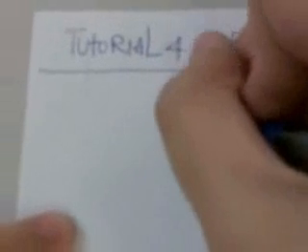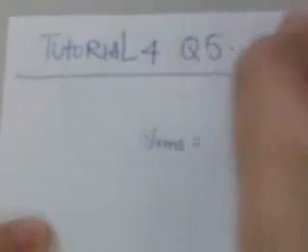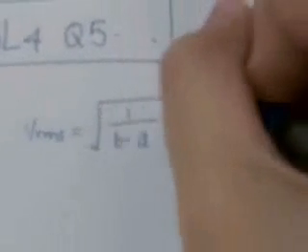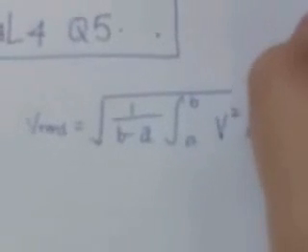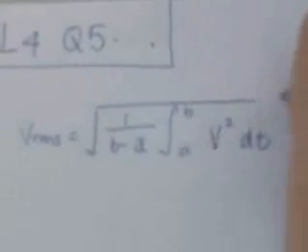The question wants to find the voltage. So V RMS equals the root of 1 over B minus A, integral from A to B of V squared dt. To find the value of V squared, we have to use the values of V given in the table here, and we plot them into our own table, V and V squared.